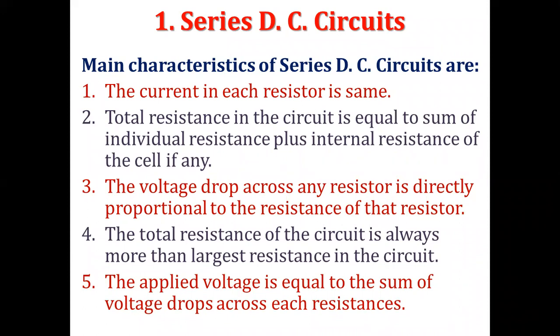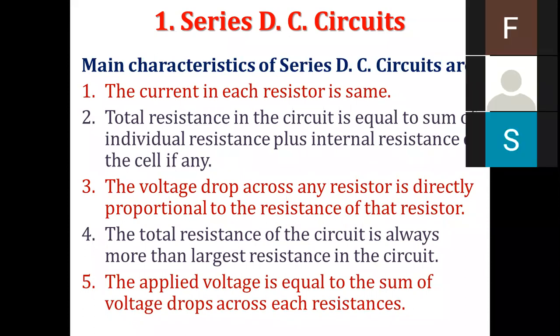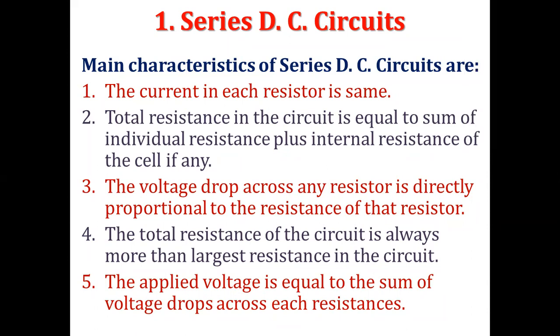Second one, total resistance in the circuit is equal to the sum of individual resistances plus internal resistance of the cell, if any.